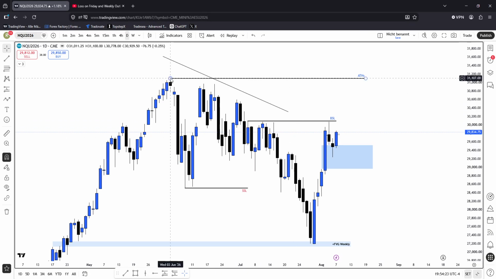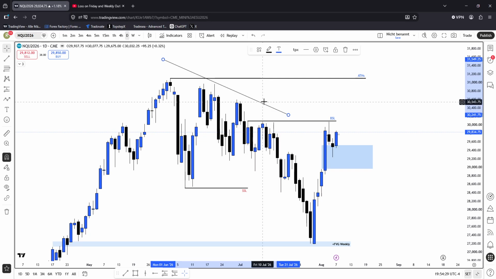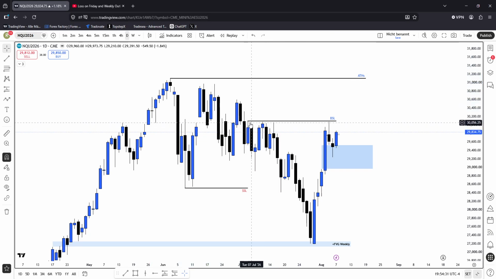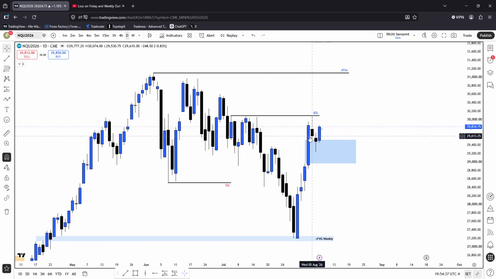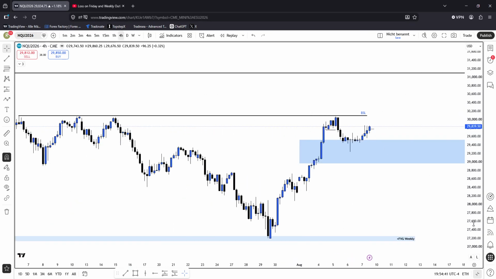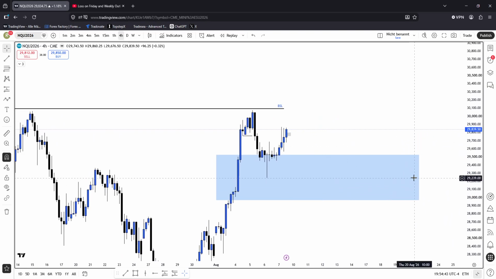On the one hand we got our low resistance liquidity, and on the other hand we got our relative equal highs here, which are extremely stacked. We are respecting this bullish daily FVG. We get obvious displacement to the upside.